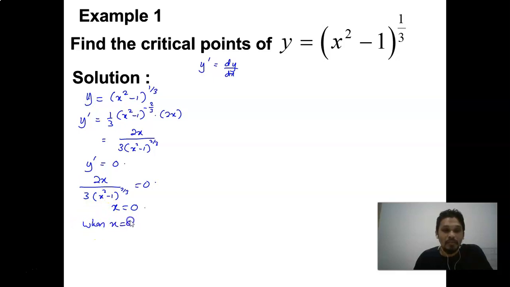When x equals 0, y equals (0 squared minus 1) to the power of 1/3, so that is negative 1 to the power of 1/3, which equals negative 1. So one of the critical points here is (0, negative 1).